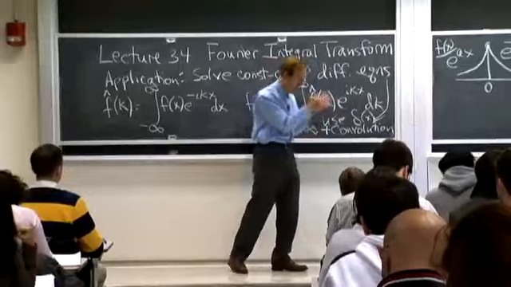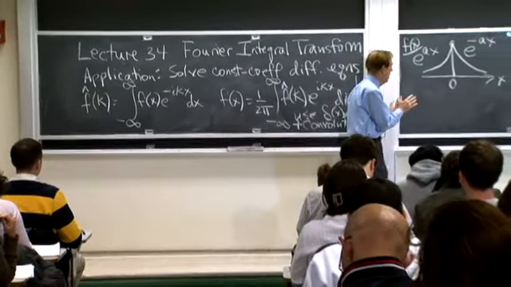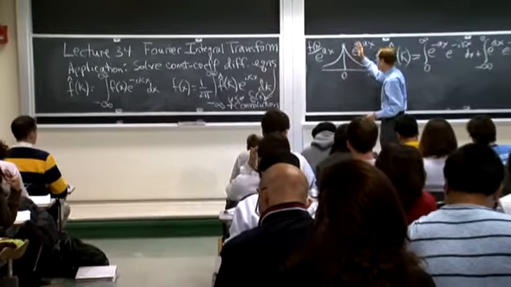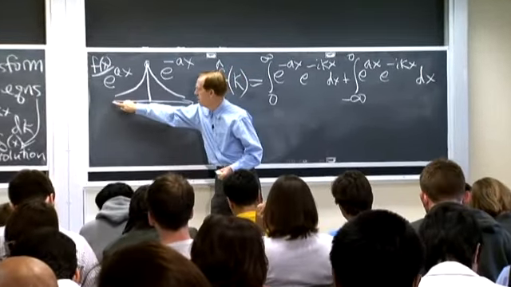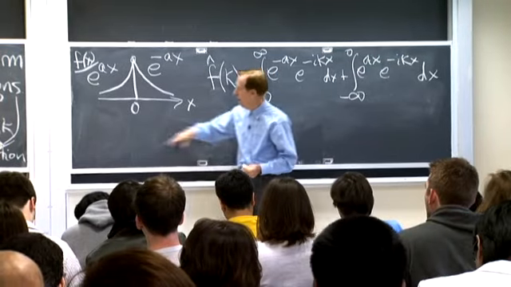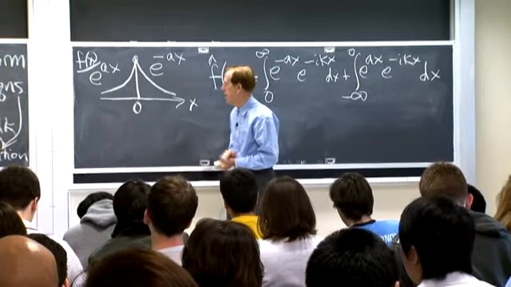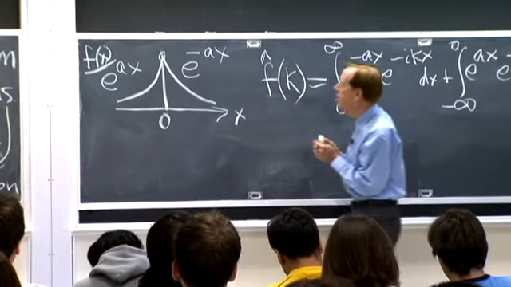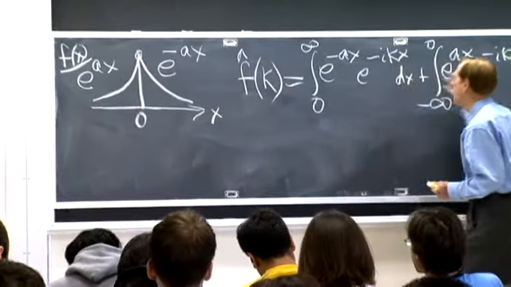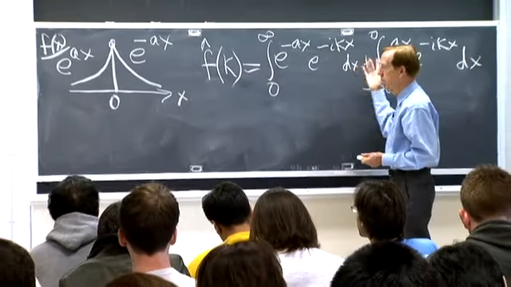This is also in the textbook, and so this is now going to be an even function. Last time, the example I did was 0 up to x equals 0. This time, I'll make it symmetric, make the function even, and then I have two pieces in the integral.